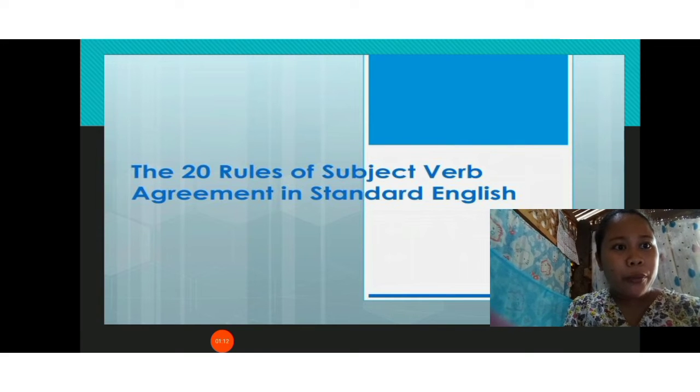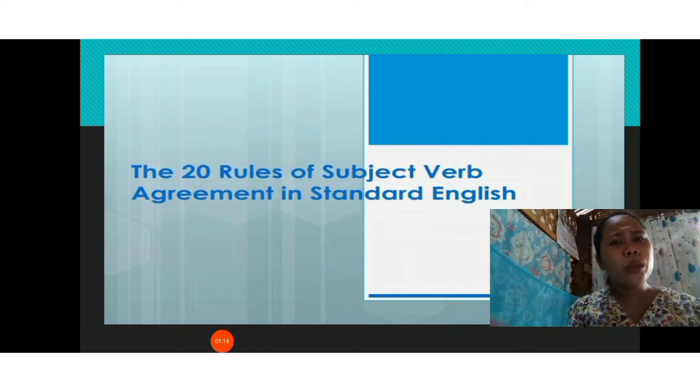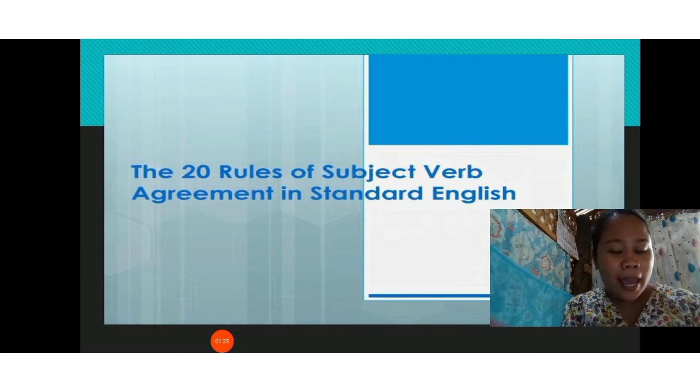So what do you think is the reason why we need to learn and understand subject-verb agreement rules? Well, this is the purpose of writing, to get your message across. And it won't be possible if your readers do not understand what you are trying to say, right?